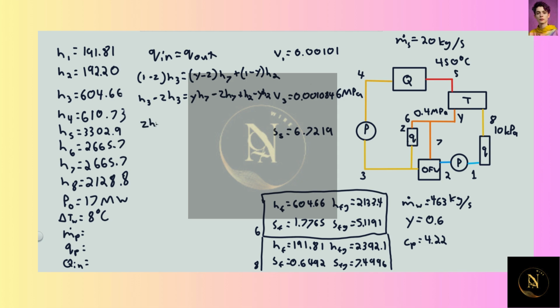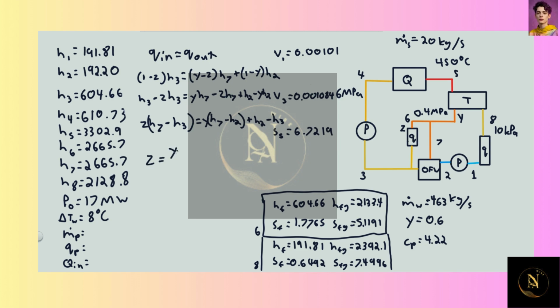We'll get Z H7, I'll just factor out the Z right away, minus H3 is equal to, and I'll factor out this Y too, Y (H7 minus H2), and the rest of this is plus H2 minus H3. Okay, and now just divide through by this term.